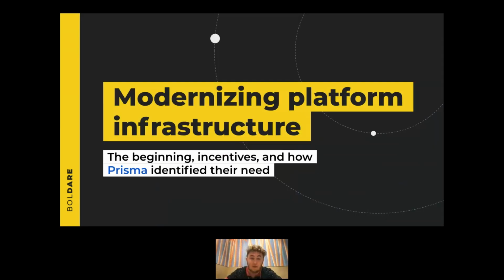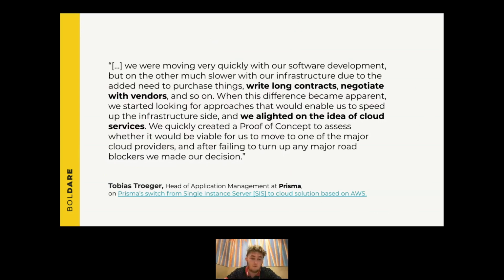So in Prisma, the modernization started with the infrastructure. The beginning and the needs we'll talk about in a moment, but let's look at the quote from Prisma's blog. You can Google it. It's about the switch from a single instance server to a cloud solution, and why AWS was the choice of the company. There's a lengthy blog post about it.